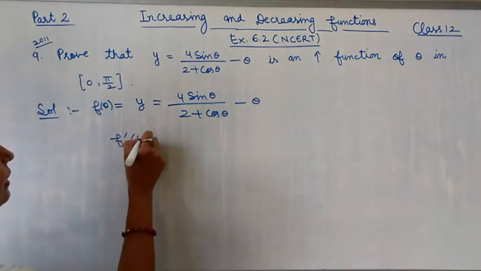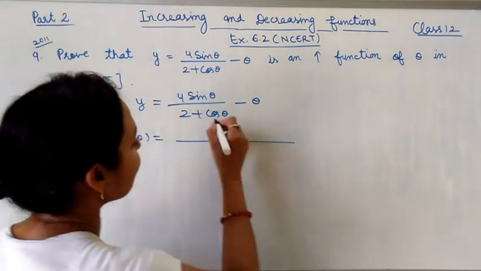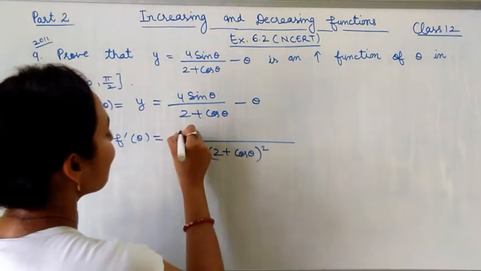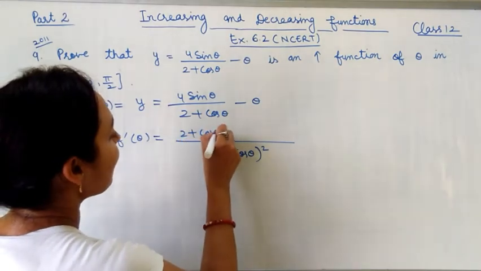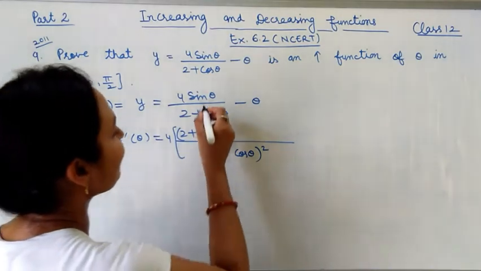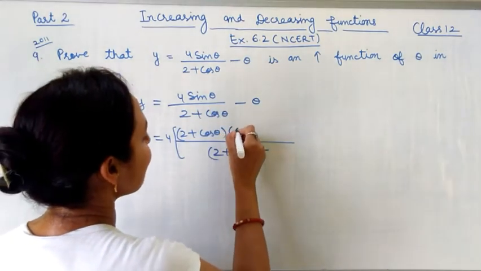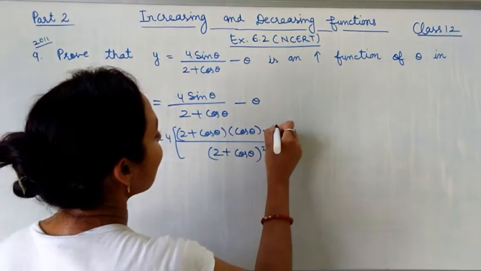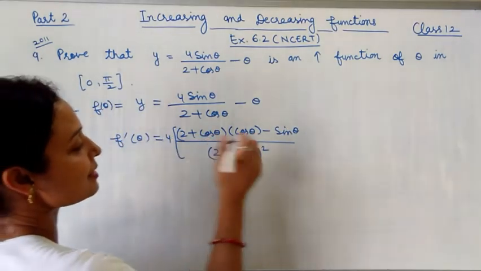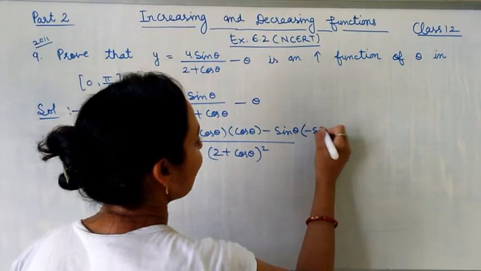f dash theta equals, I will apply the quotient formula, with 2 plus cos theta whole square in the denominator. This will be 2 plus cos theta, and the derivative, taking 4 as a common factor: the derivative of sin theta is cos theta, minus sin theta times the derivative of 2 plus cos theta, which is minus sin theta, right?